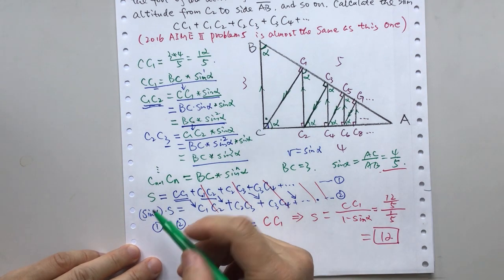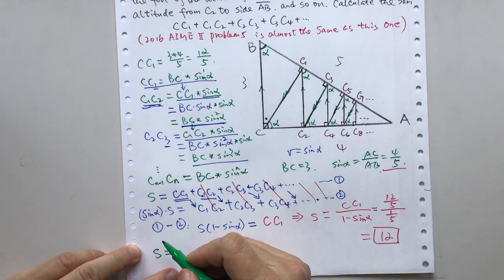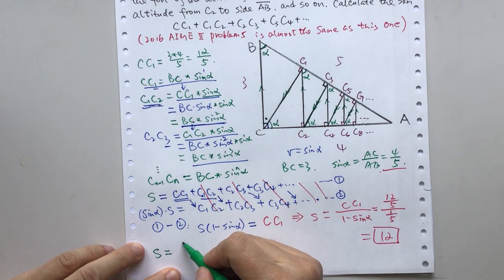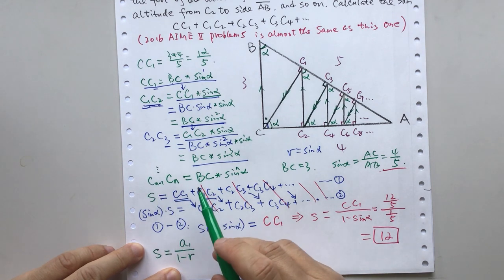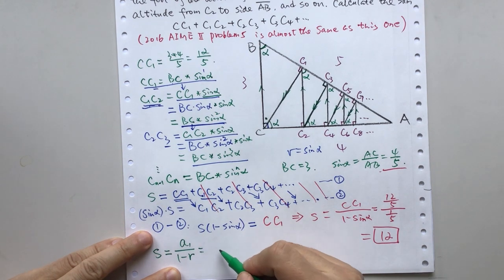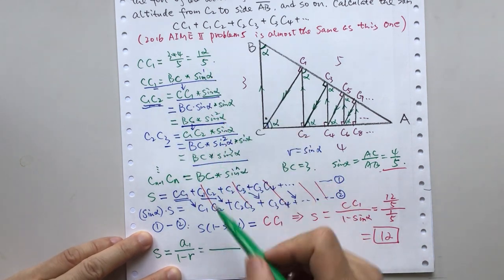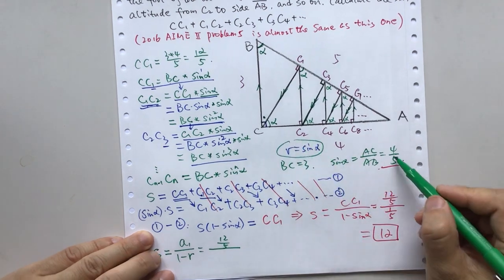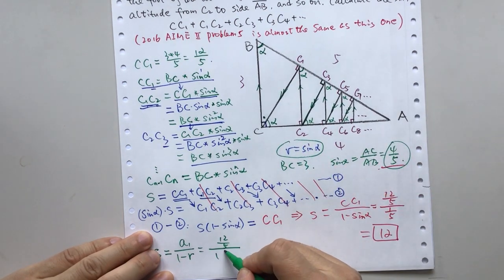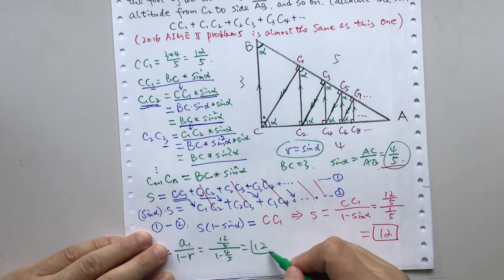And here, when we wanted to find the S, we can also use the formula: A1 over 1 minus common ratio R. A1 is the first term of this geometric sequence. Here, A1 is C1, which is 12 over 5. Common ratio we know is sine alpha, which is 4/5. 1 minus 4/5 is the same thing. 12, right?